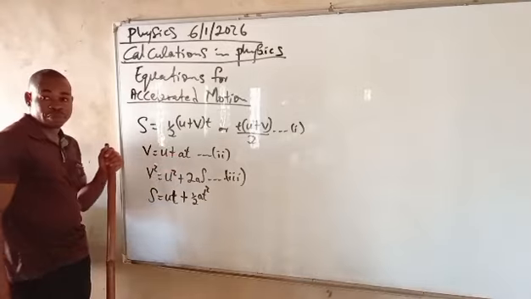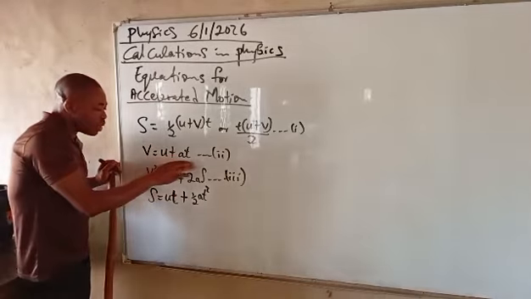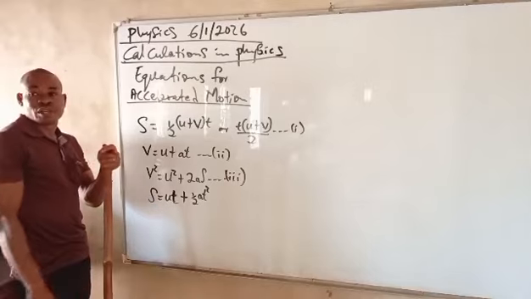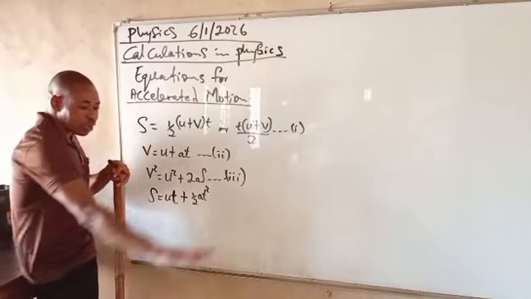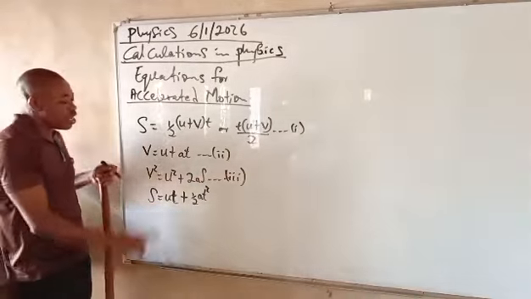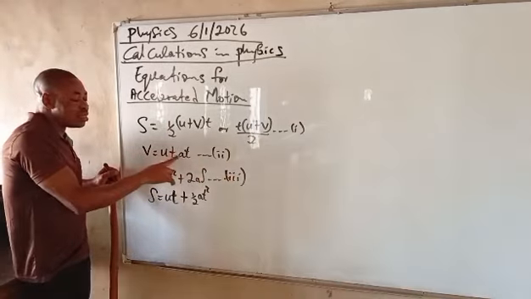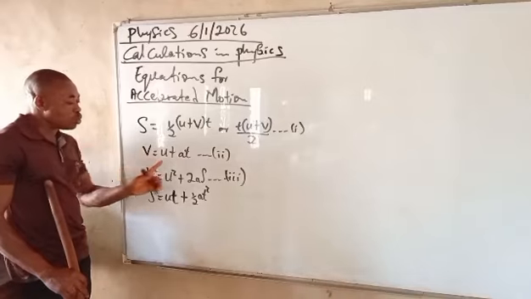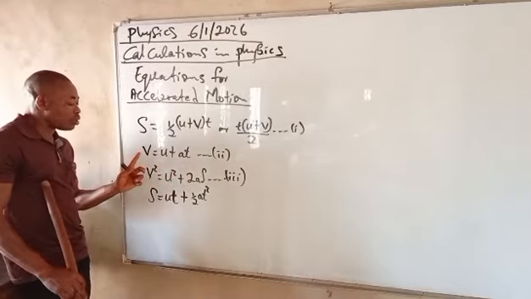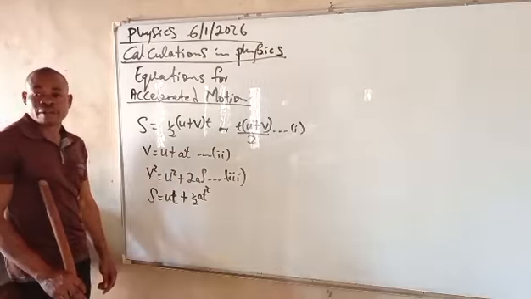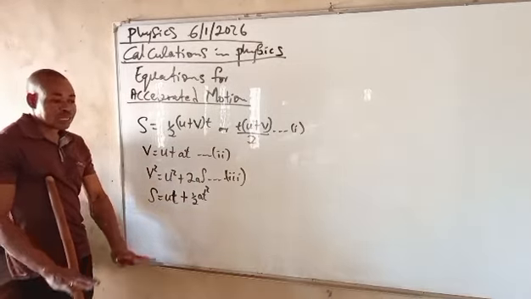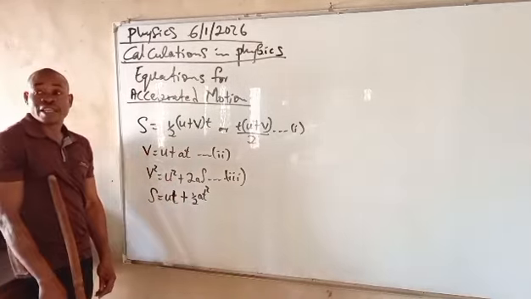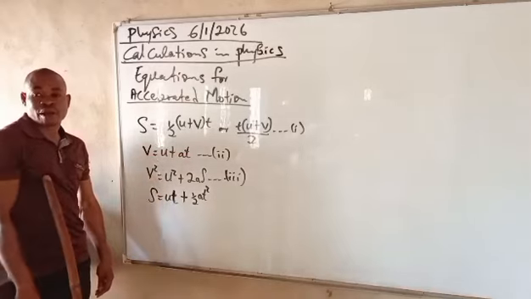Then T is time. So we use this formula to calculate final velocity of an object that is moving on a straight ground when initial velocity, acceleration, and the time are given. That is when we use this formula to calculate the value of final velocity of an object that is moving linearly on a straight ground.